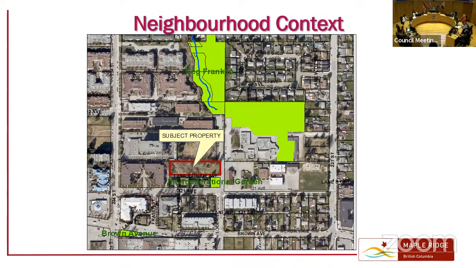I have to note that the Maple Court building is currently zoned RM3, which allows construction of an apartment building between 5 to 12 stories with a maximum base density of 1.2 FSR and additional density of up to 3.6, subject to approval of a development permit. As such, no further rezoning will be required for redevelopment of the Maple Court apartment.